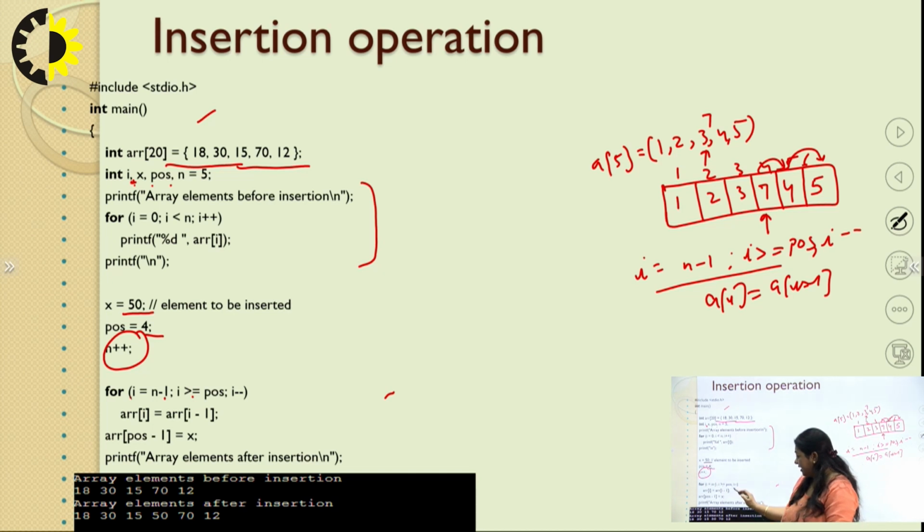Then shift the elements, array[i] equal to array[i - 1], and in the last print the rest of the array. You can see, first of all we print the n elements of the array, then after inserting you can see the array, that means 0, 1, 2, 3, 4. At position 4 we insert the value of 70.